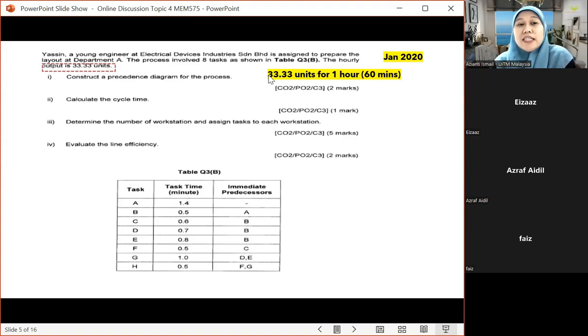Okay. 33.33 apa ni? Electric device. Dia tak cakap apa, so we assume unit. Unit lah dia kata. Okay. So kita ada information ni. Daripada information ni, boleh tak kita cari 1 unit berapa minit? Boleh, sebab kita dah ada information 1 jam 33.33 unit. Okay. Kita dah lega kat situ. Okay. And then kita boleh start do the question.